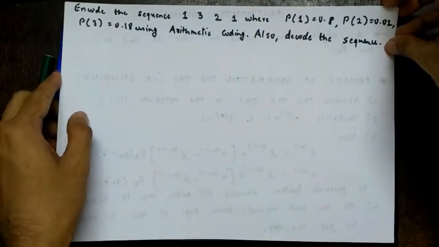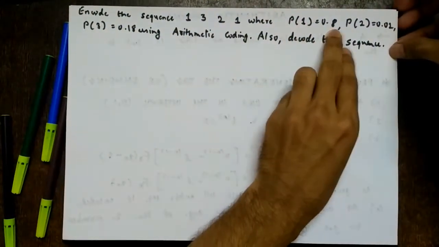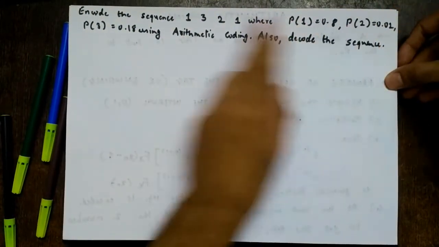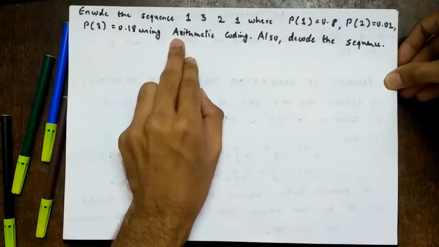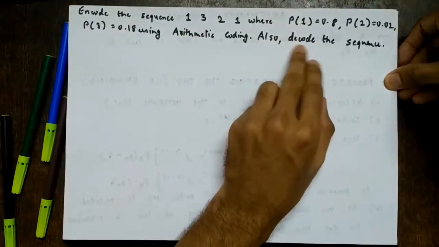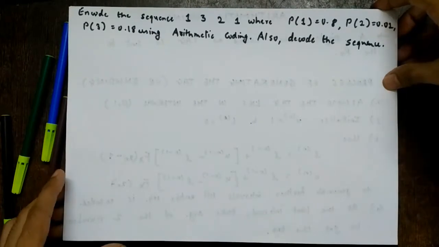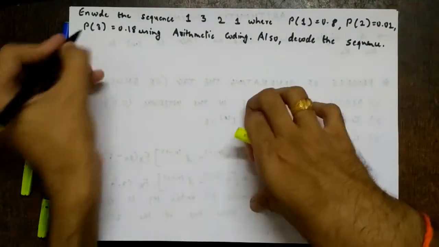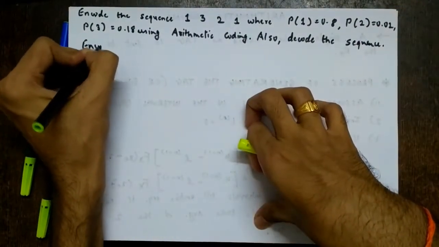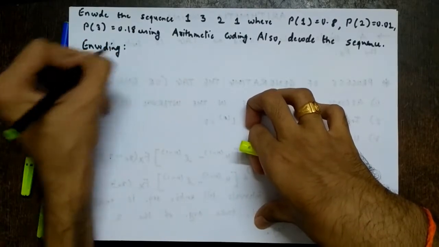The first example is: encode the sequence 1321, where the probability of 1 is 0.8, probability of 2 is 0.02, probability of 3 is 0.18, and we have to use arithmetic coding and also decode the sequence. First we'll do encoding. We explicitly mention we are first doing encoding.